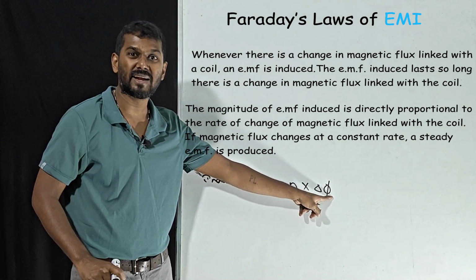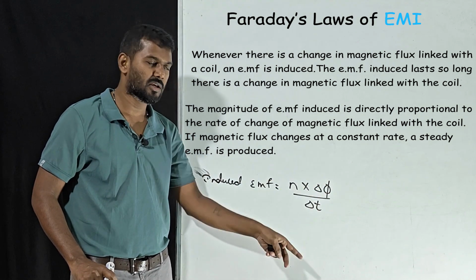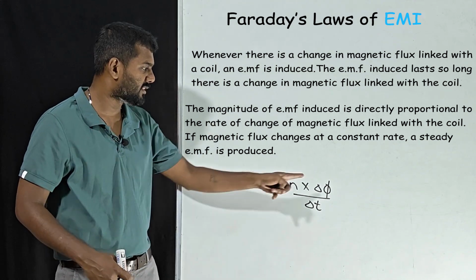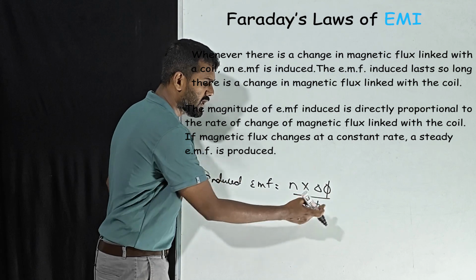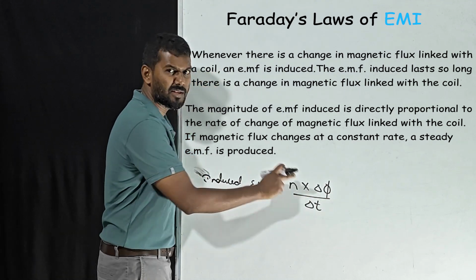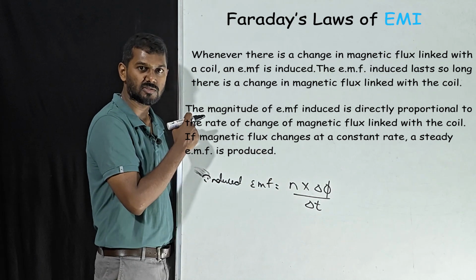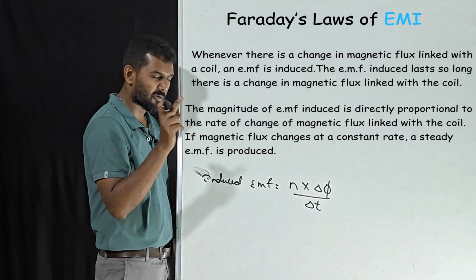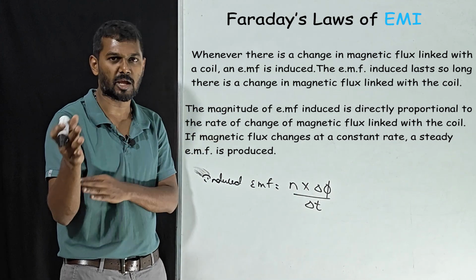This is the magnetic flux symbol: a circle with a straight line crossing it, dividing the circle into two parts. The triangle means there is a change in the flux value. Only when there is a change in flux value will we get the induced EMF, correct? Delta T means that as the flux changes, it will take some time to change.